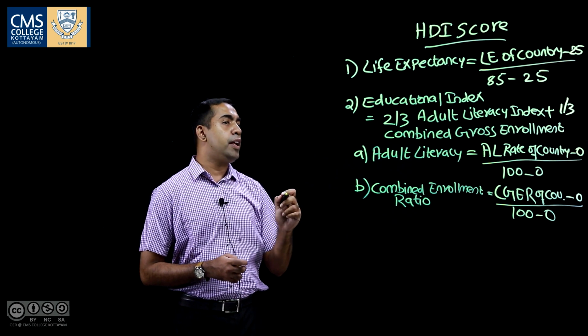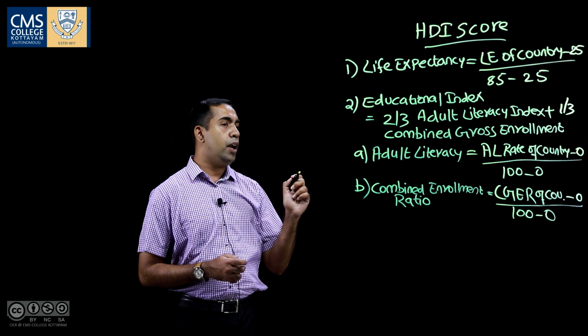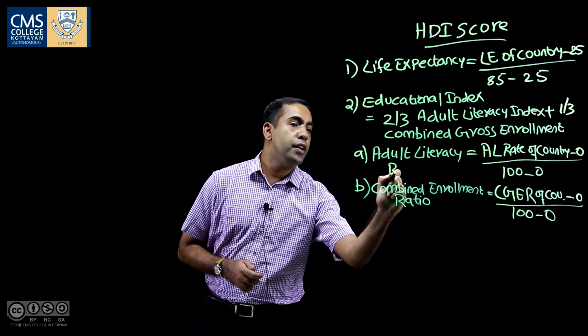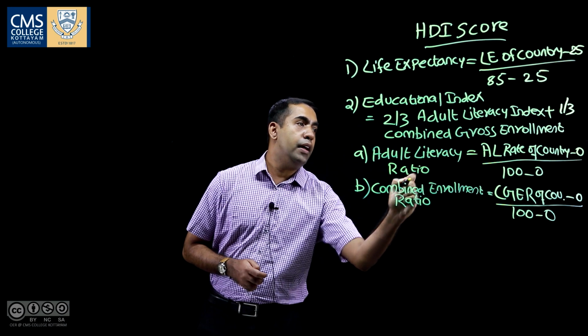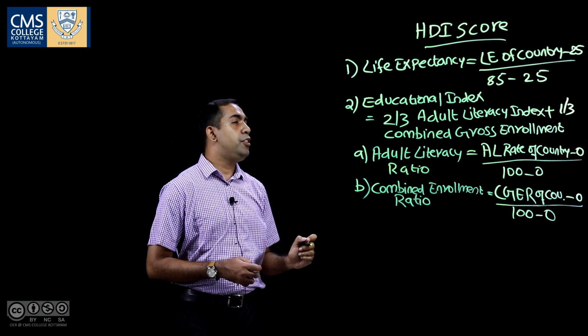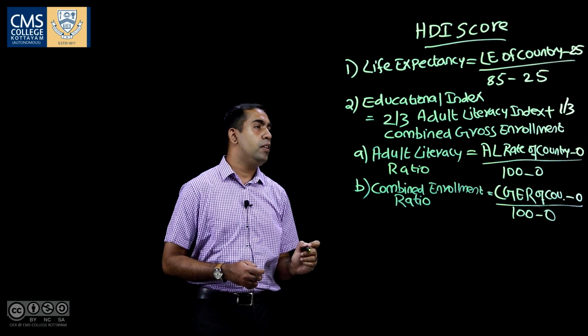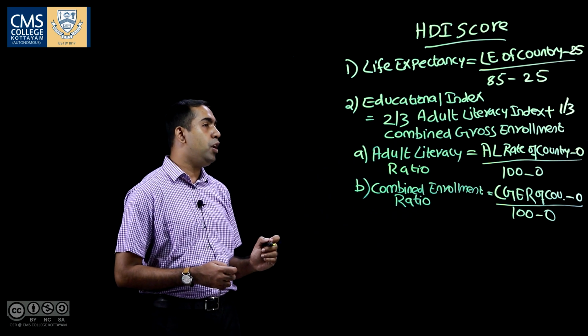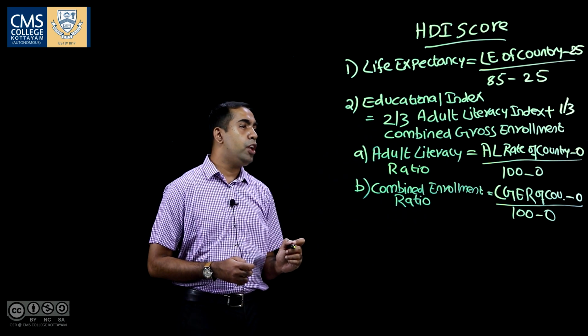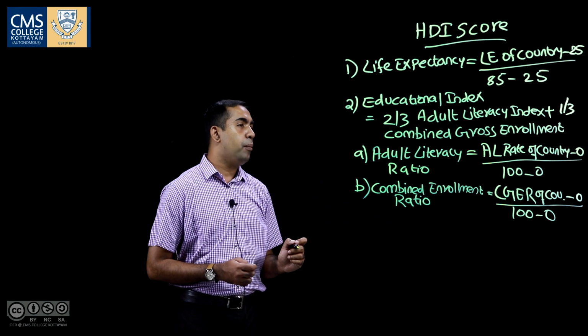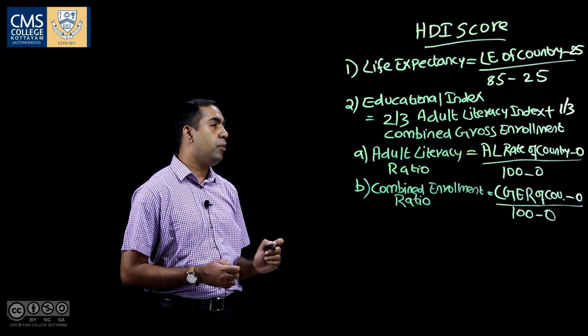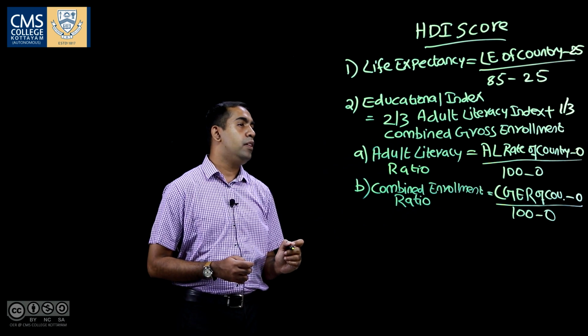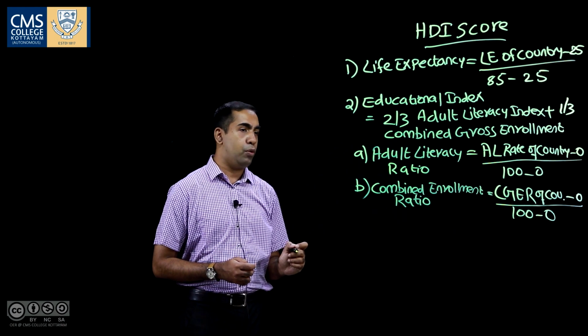For the specific indicator calculation, the adult literacy index is calculated as the adult literacy rate of the specified country minus the minimum value of 0, the whole divided by the range, the maximum value of 100 minus the minimum value of 0.